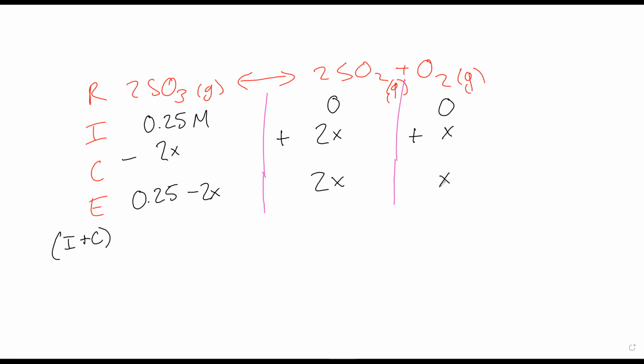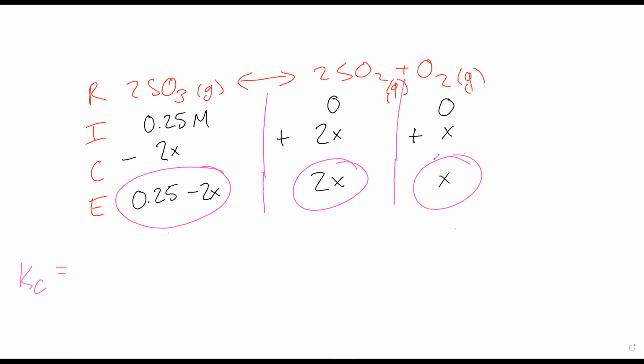Now, what can I do with this information? Remember that Kc I wrote earlier? Well, if I know what the formula for Kc is, and this question does give me the Kc, I can figure out exactly what number goes in each of these spots rather than just the formula, because the formula alone is not entirely acceptable as an answer.